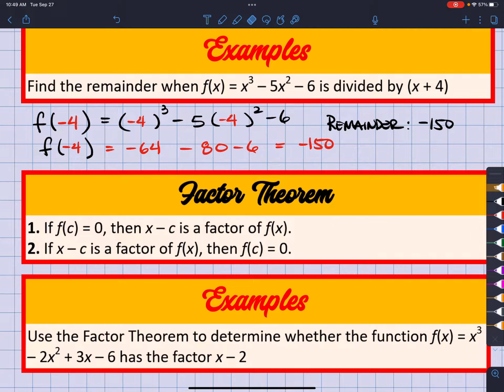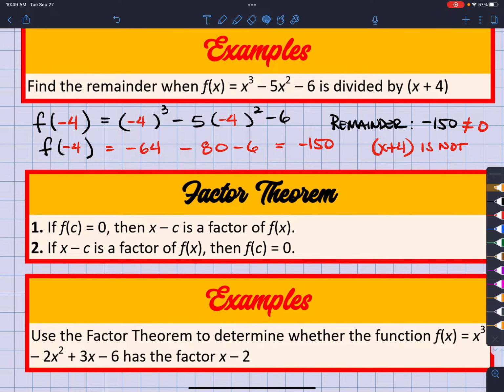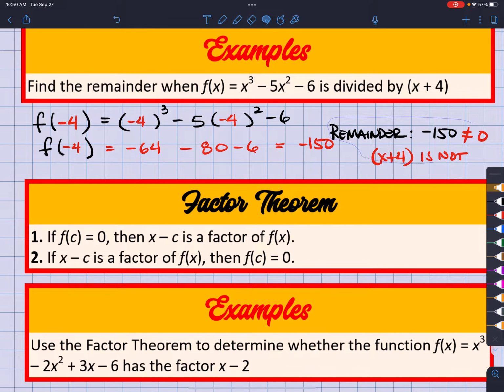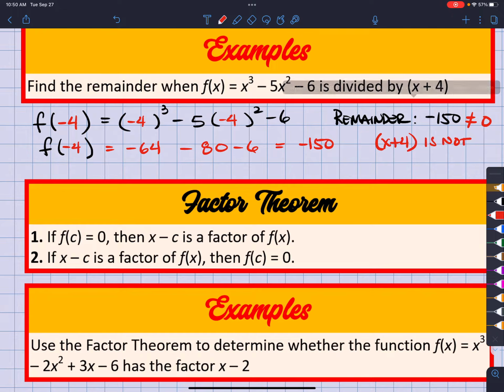Since the remainder is not equal to 0, that means x plus 4 is not a factor of x to the third minus 5x squared minus 6.